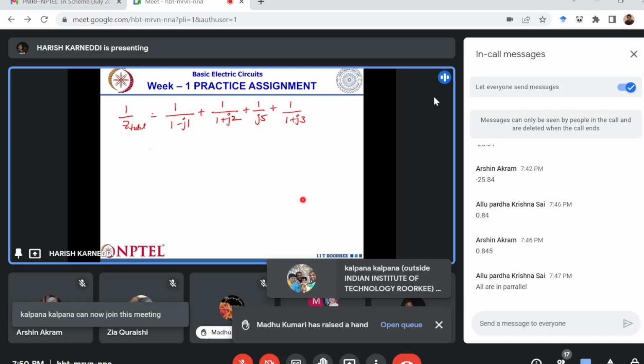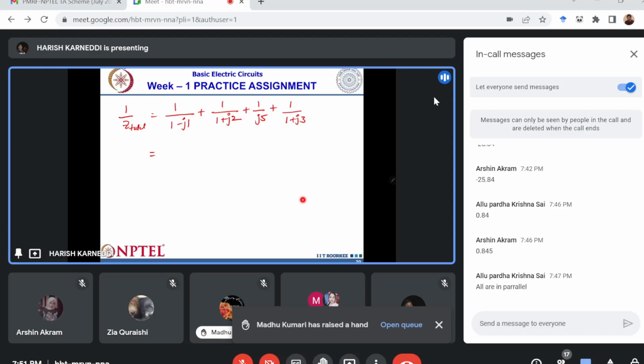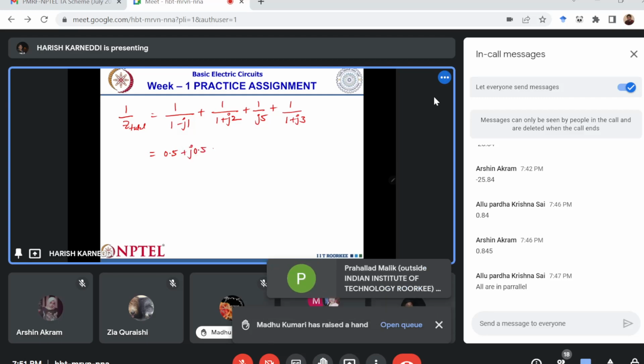What is the value of 1 by (1 minus j1)? That is 0.5 plus j0.5. What about 1 by (1 plus j2)?